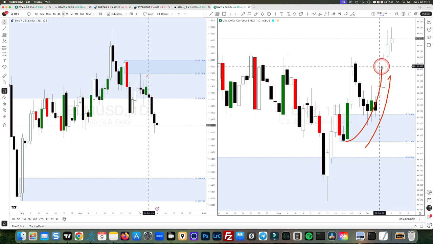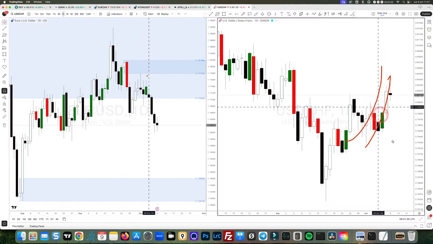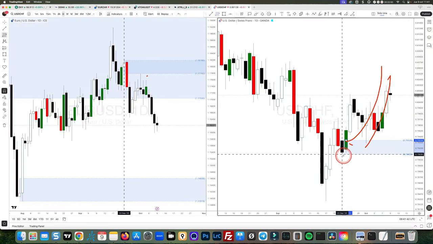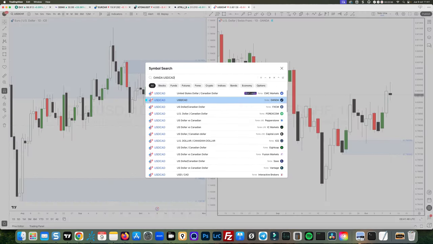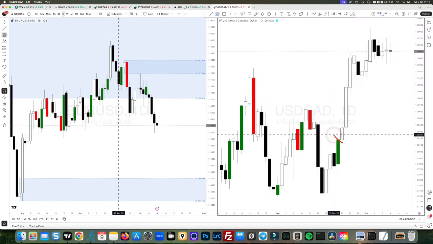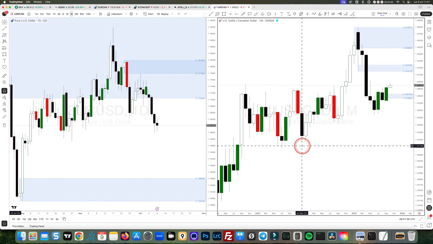When the dollar strengthens from a strong demand level, we get a chain reaction to buy demand zones in many other places. Okay, if we take a look at the dollar versus the Swiss franc, we've got a demand level here playing out really well. Or the dollar CAD, I believe we've got a demand level on the monthly in control, and we've got now another one here. So if you go to the monthly, we've got here one level trying to play out.